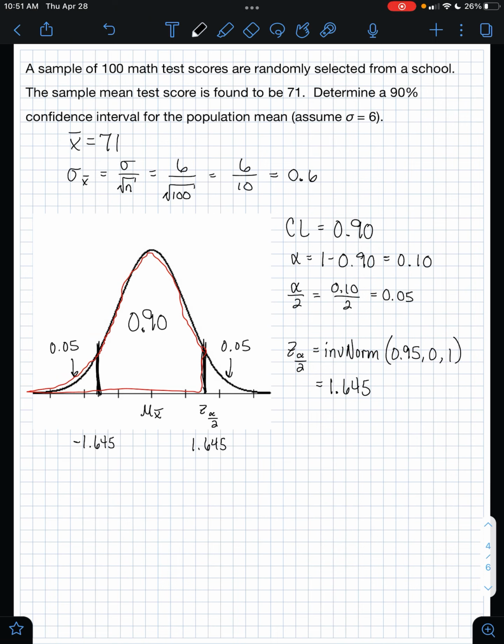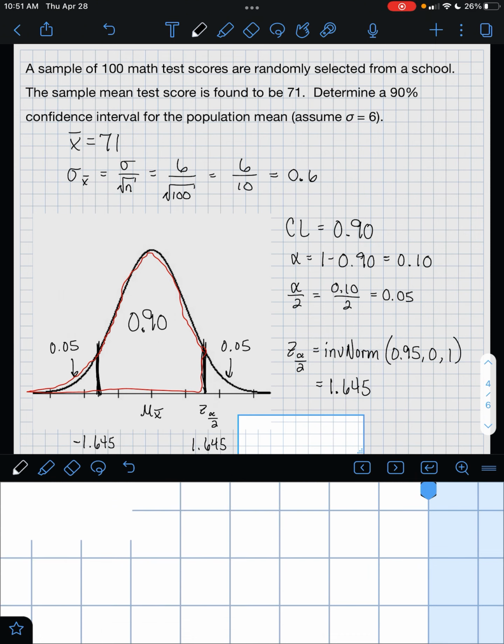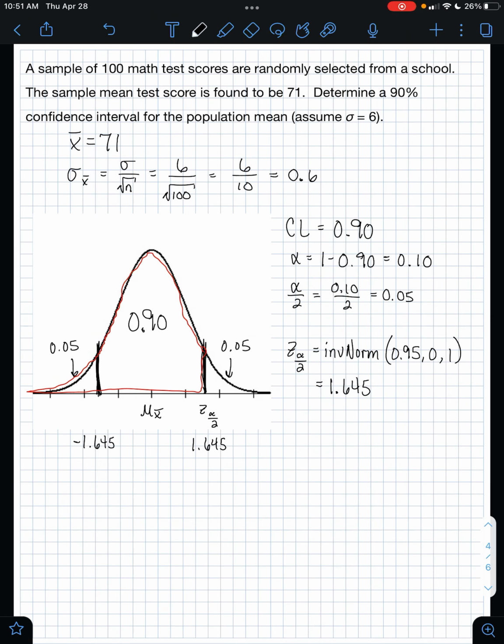So instead of building an interval centered on mu sub x bar, we're going to center it on x bar. So our interval then is going to come from x bar minus z sub alpha over 2 times sigma sub x bar, and x bar plus z sub alpha over 2 times sigma sub x bar.